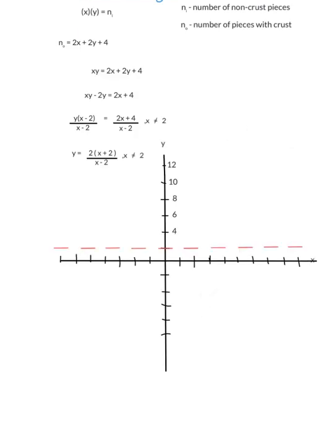There will be a horizontal asymptote at y equals 2 because we have linear on the top and linear on the bottom, and the a values are 2 over 1. We're going to have a vertical asymptote at x equals 2 because x equals 2 would make the denominator equal 0.